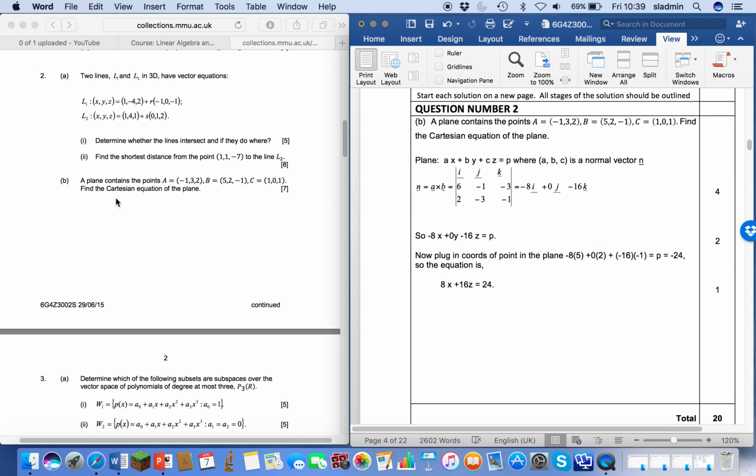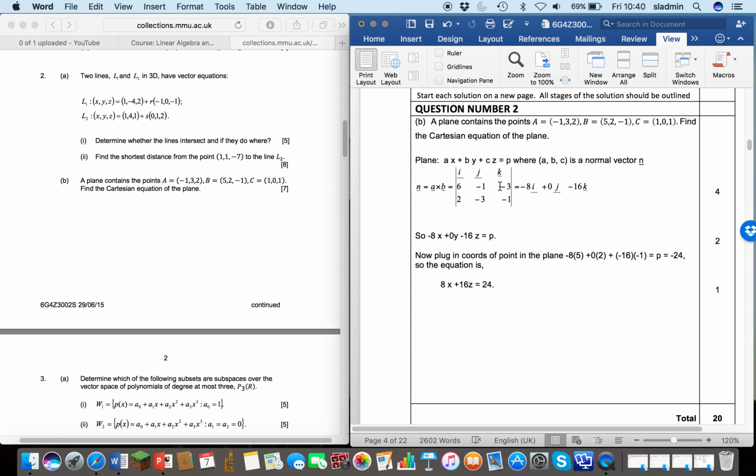Okay, so for part B, we've got a plane that contains these 3 points, and we want to find a Cartesian equation of the plane. So these 3 points lie in the plane. To find vectors in the plane, we know that, for example, the vector AB, which is B minus A, is a vector in the plane, and AC, which would be C minus A, is another vector in the plane.